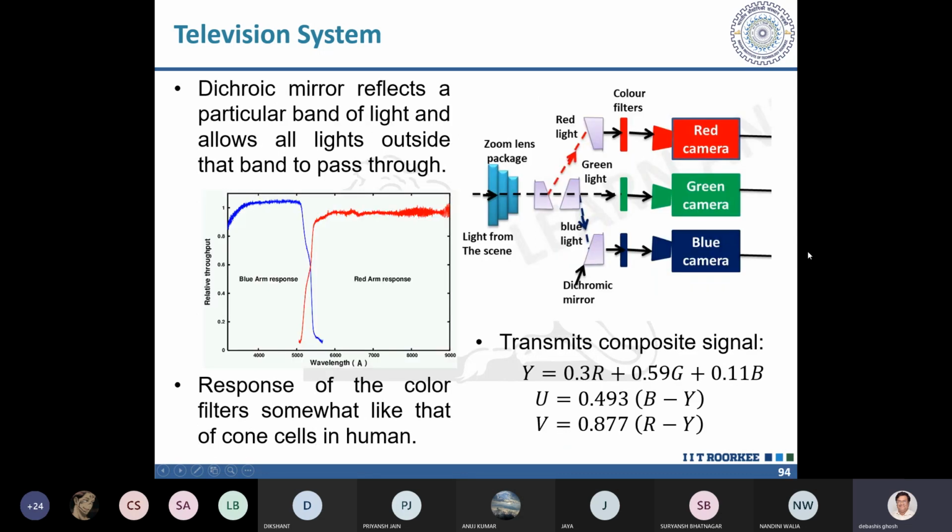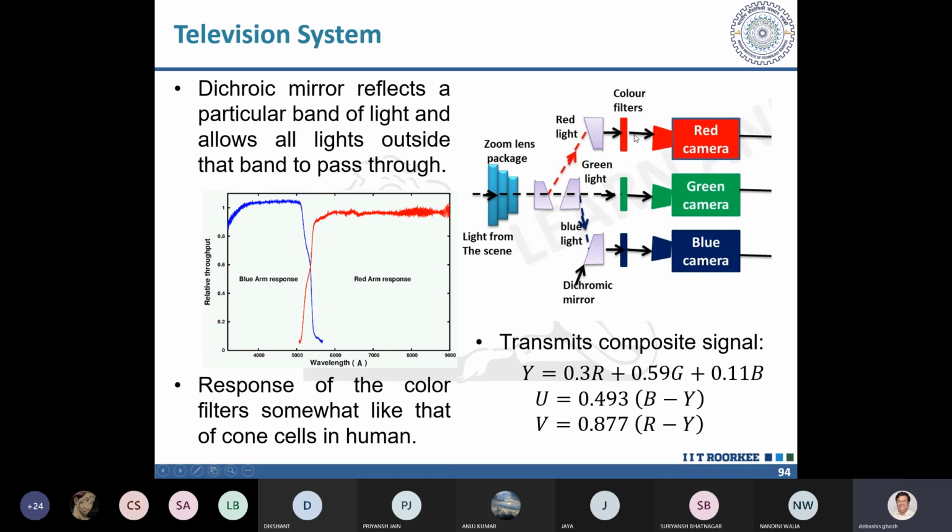More or less, when light falls in my eye, my cone cells respond like that. It will not be exact, but somewhat like that. We want to create the 3 responses at the output of these 3 filters. So it is basically the optical modeling of our retina.